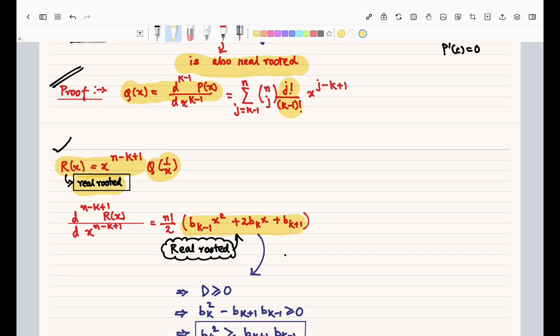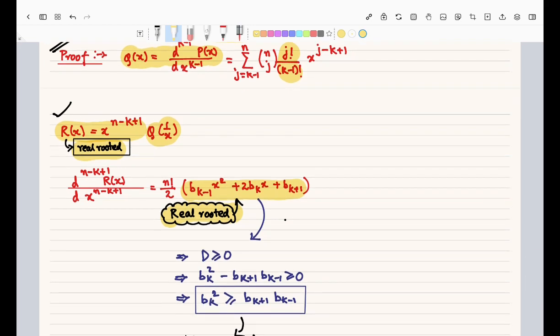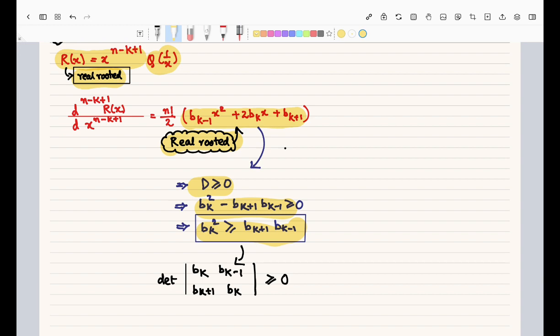Yeah, so it becomes a quadratic, and now this also has real roots, because differentiation does not change the nature of the roots. If there is a real rooted function and you differentiate it, you will obviously get a real rooted function again. Therefore what you do is, you put the discriminant greater than or equal to 0, and after you get the value of this as follows, hence it can also be represented like this.